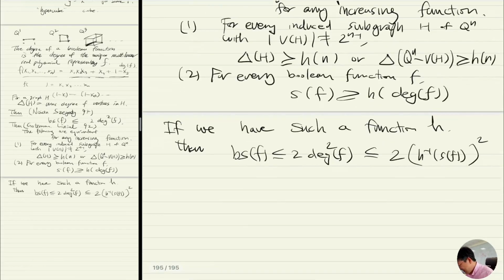Okay, so the block sensitivity is bounded by some function of sensitivity, right? So this will allow us to prove the sensitivity conjecture if h inverse is a polynomial.